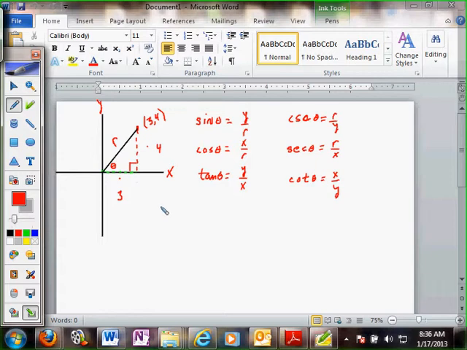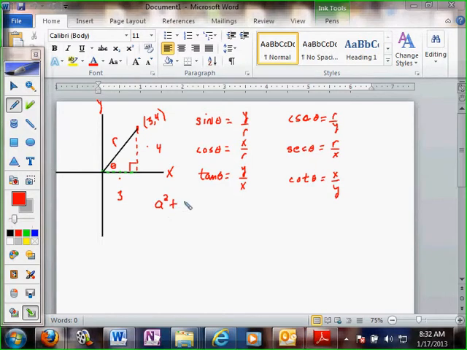So hopefully we remembered that the Pythagorean Theorem is a squared plus b squared is equal to c squared. In this case, x and y are going to be a and b, and r is going to be c.